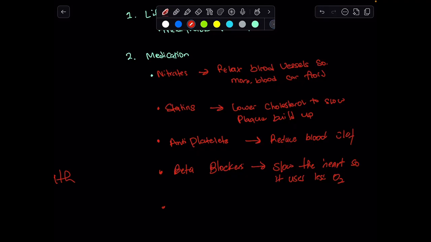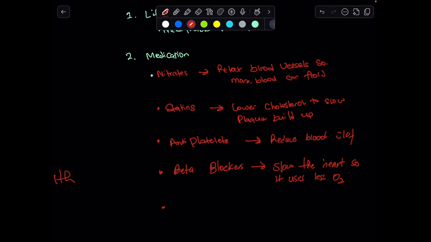Then calcium channel blockers. They relax and widen blood vessels, and they lower blood pressure. And we know high blood pressure causes coronary artery disease.